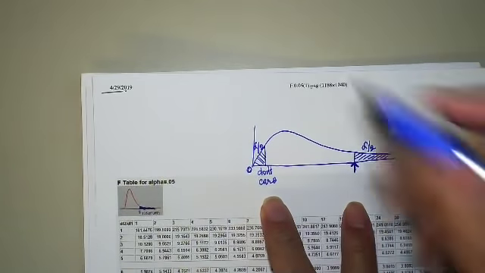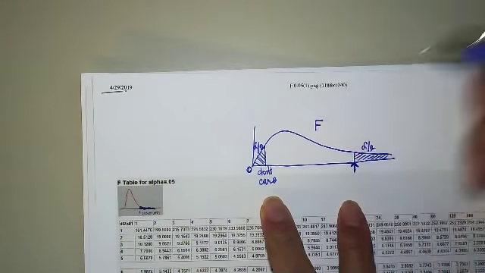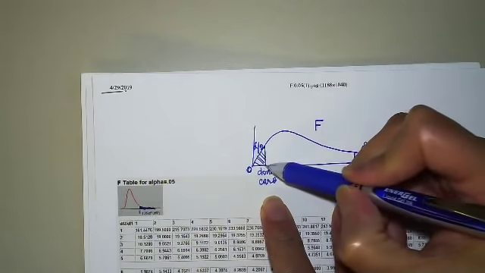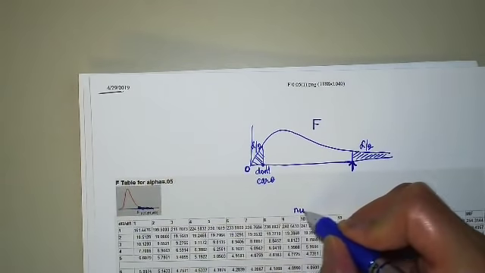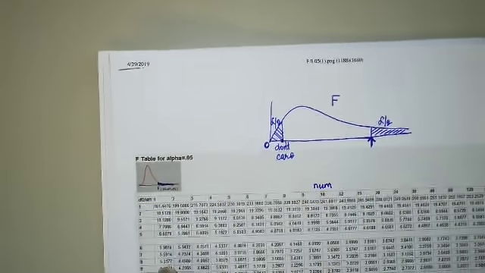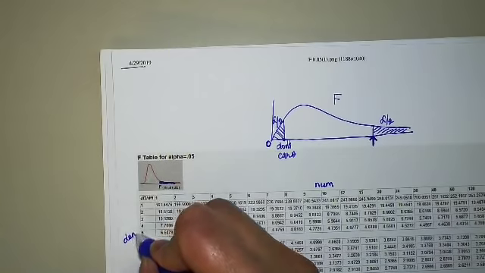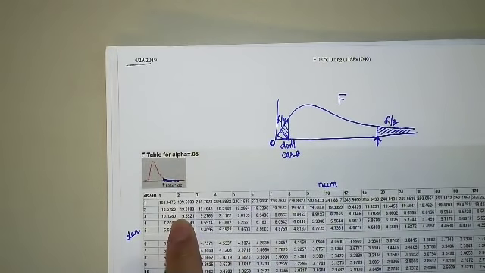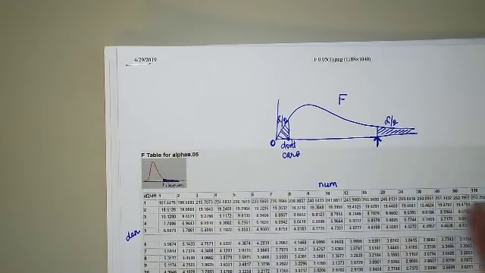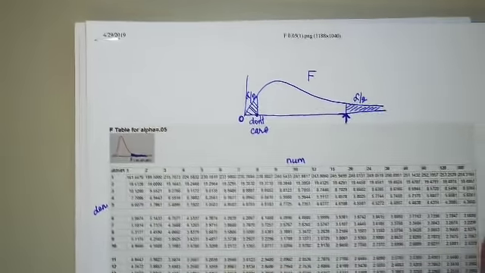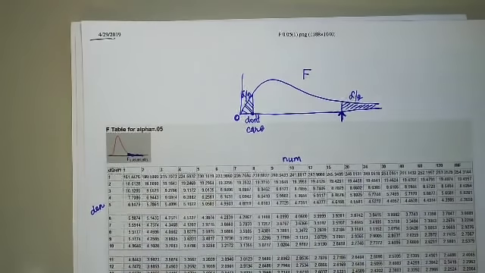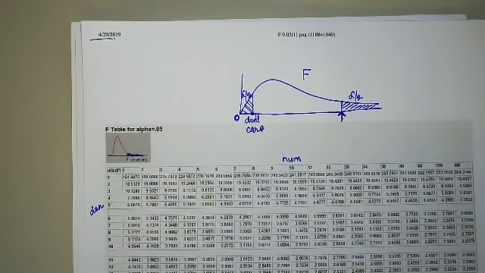And I'm trying to say that the F distribution is based on 2 degrees of freedom, a numerator degrees of freedom and a denominator degrees of freedom. So the numerator degrees of freedom work this way across the top, and the denominator degrees of freedom are down the margin.